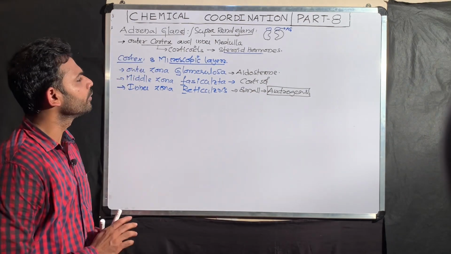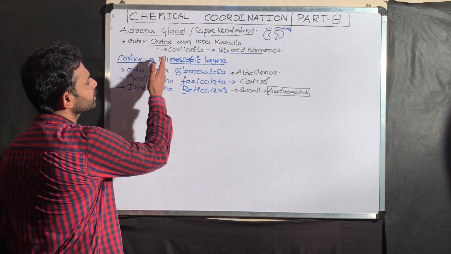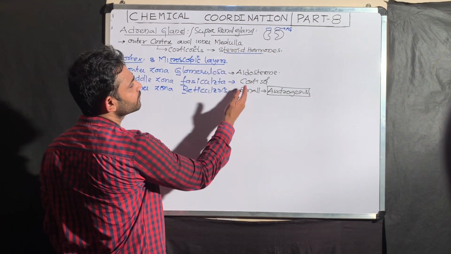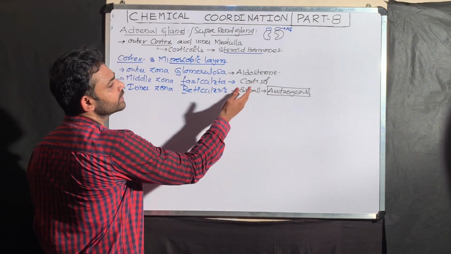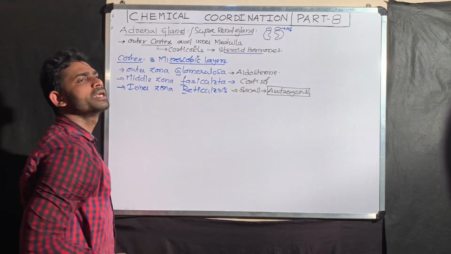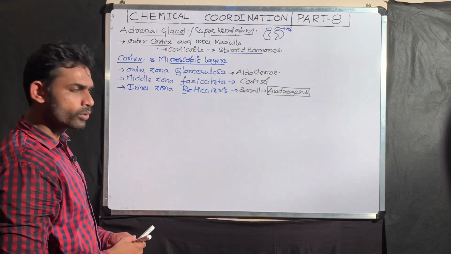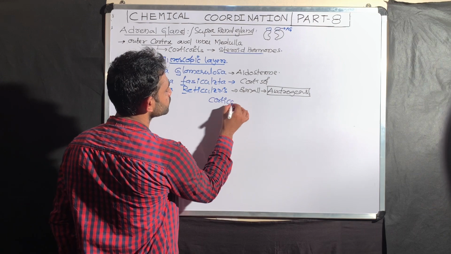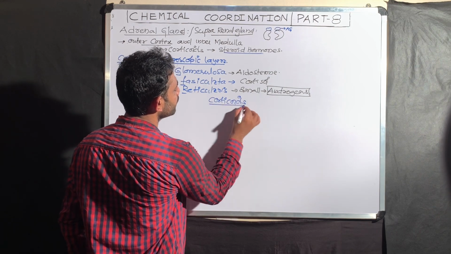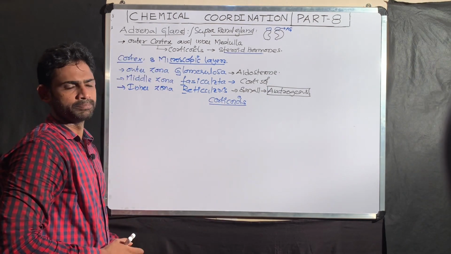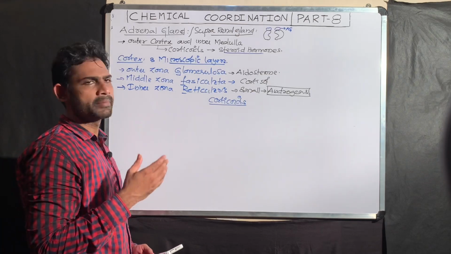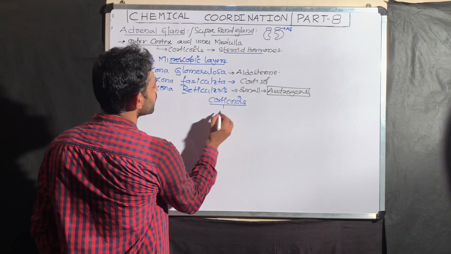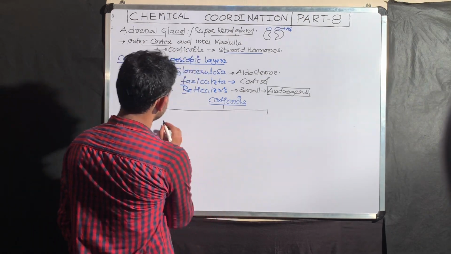These three layers together are called the cortex, and these cortex derivatives are called corticoids. These corticoids are steroid hormones. Based on their mechanism of action or effect, corticoids are mainly of two types.